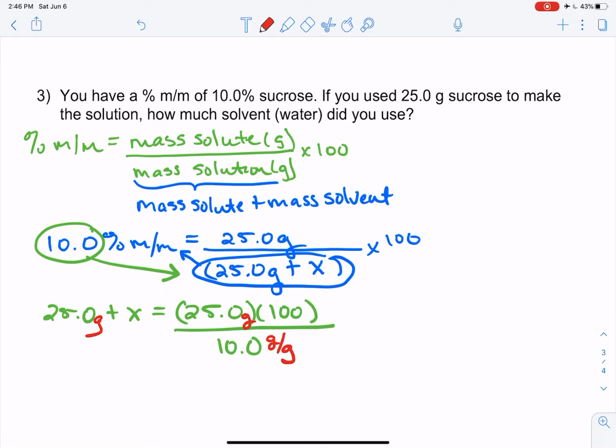All right, so we need to subtract 25 from both sides. So subtract 25 from this side and 25 from that side.